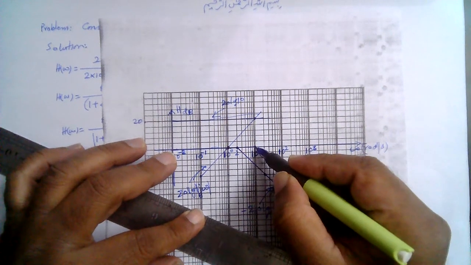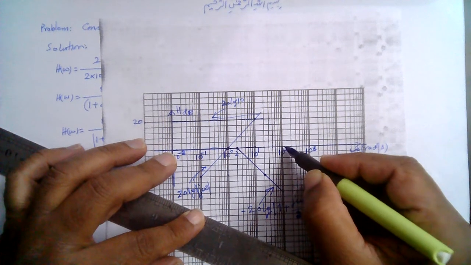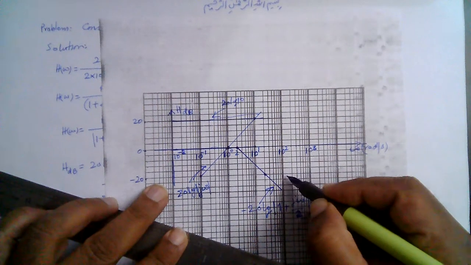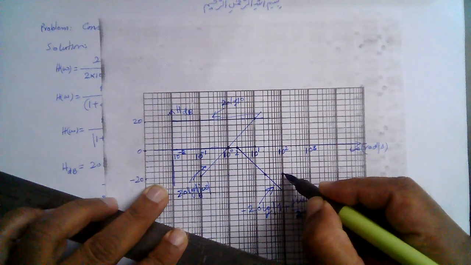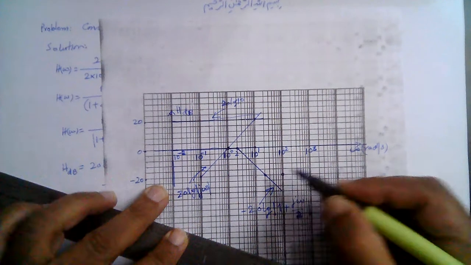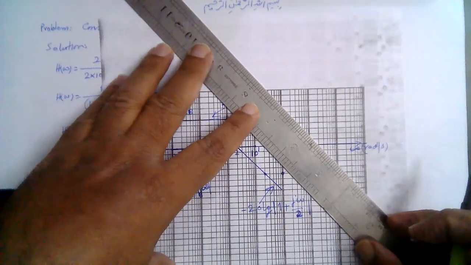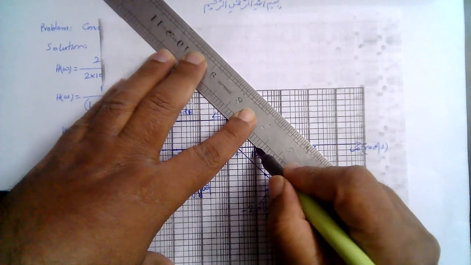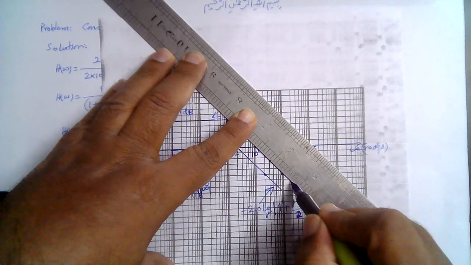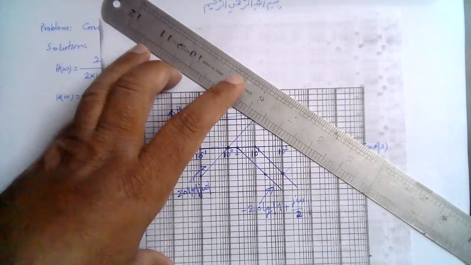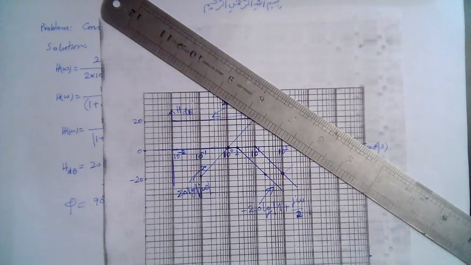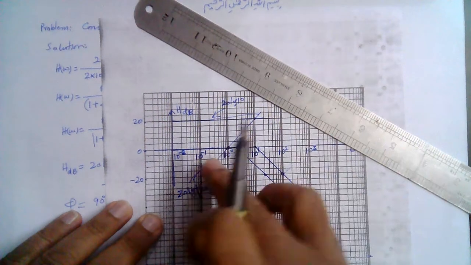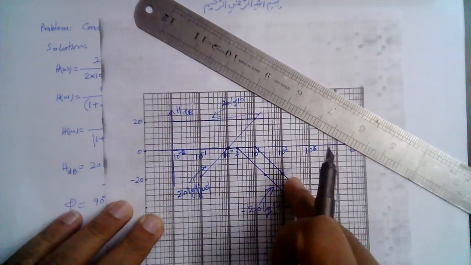So 1 decade will be here, the next decade, and minus 20 dB is at this point, right? So this gives us another asymptote at minus 20 dB per decade. So we have plotted all 4 asymptotes: the constant term, the j omega term, j omega over 2 and j omega over 10 asymptotes.